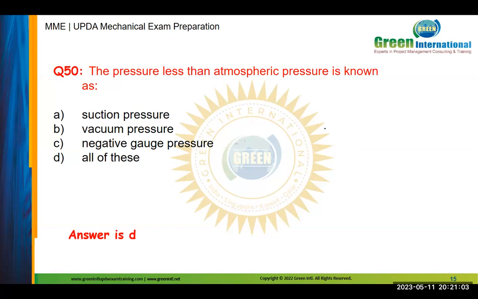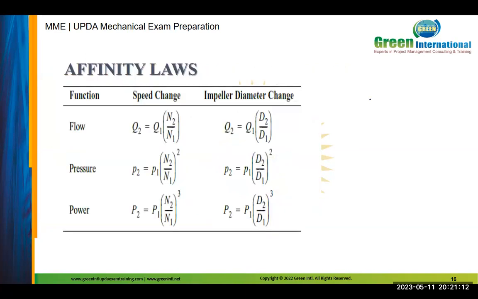For pressure, use the same relation but add a square: P2 by P1 equals N2 by N1 squared. And power, the same relation at cubic: power 2 by power 1 equals N2 by N1 cubed, not more.